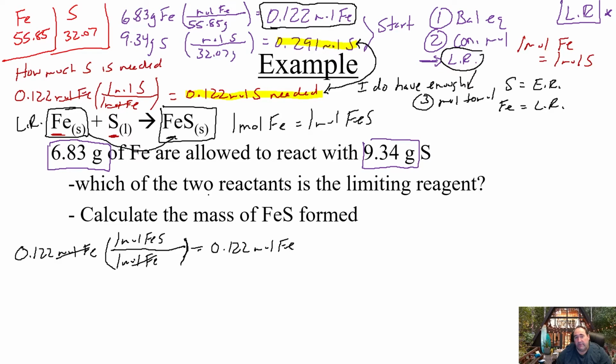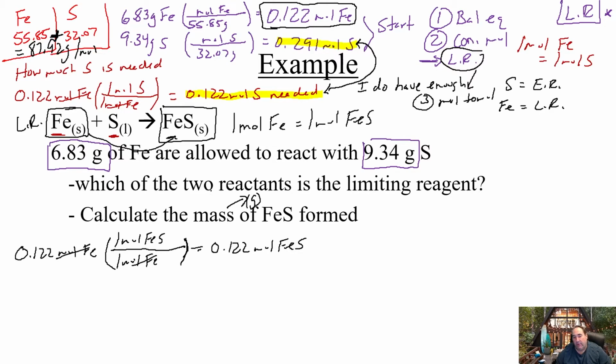At this point, we're interested in how many grams, right? Usually when they say mass, that is the indication that you want grams. And we do want the molar mass of iron(II) sulfide to do that. That's pretty easy. We're just going to add these two numbers together, and that will give us the mass of FeS. That's going to be 55.85 plus 32.07. That's going to give us 87.92 grams per mole.